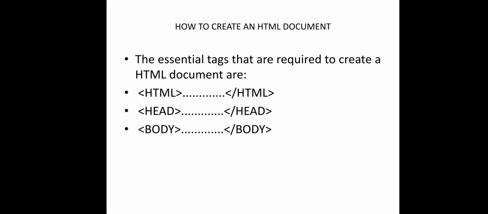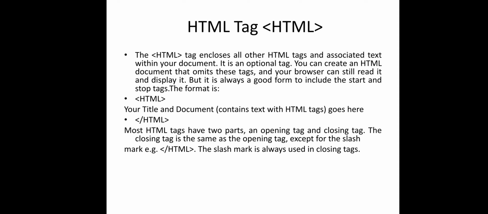Now let's study how to create an HTML document. An HTML document can be created with the html, head, and body tags. First we will write the html tag, then the closing html tag, then head, then closing head, then body, and then closing body.